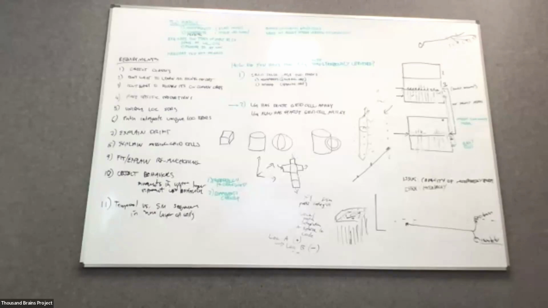Well, then you have to have some way of knowing, okay, here I'm on locations on a cylinder, but I have to have some way of knowing that I have a unique location on the cylinder with the logo. I have to have both of those, and it has to be unique, because another cylinder with a different logo or a different feature needs to have a different sparse SDR for location.